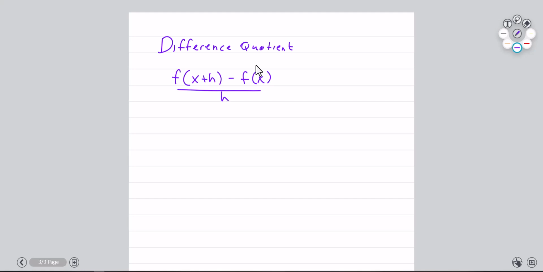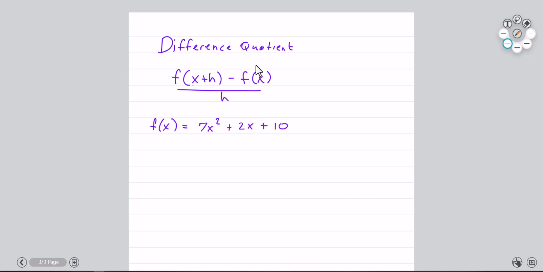You will see maybe later in your life that this is a very important equation, but for now we just want to take a given function, in this case 7x squared plus 2x plus 10, and use the difference quotient to plug this stuff in.